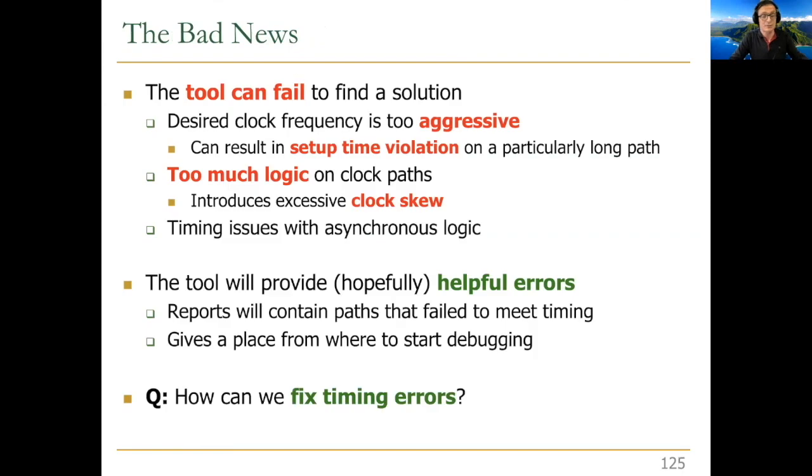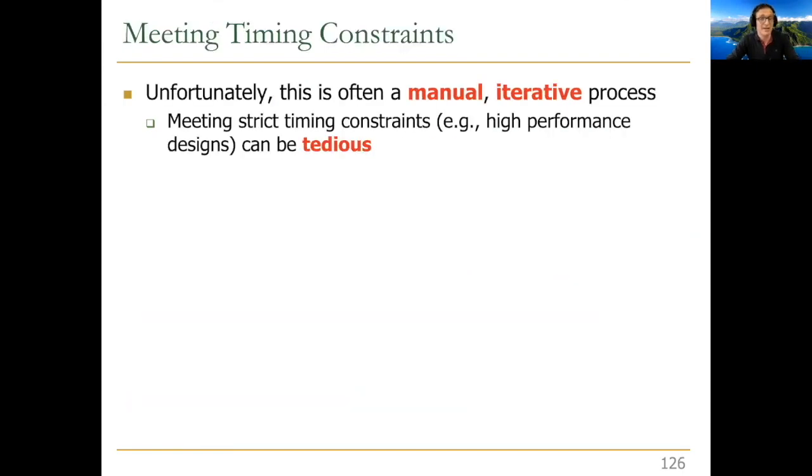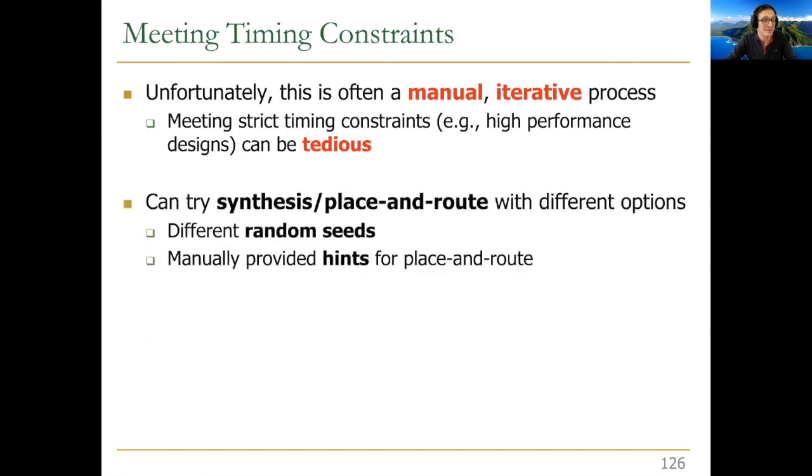Okay, basically, you may need to fix your timing errors. And to fix the timing errors, we already discussed this actually. Usually fixing the timing errors is a manual and iterative process, basically. You need to meet the strict timing constraints, and this could be tedious. You need to figure out where the problem is. The tool may point you to some direction that you need to go and fix what the problem in that direction is. You can later fix the problem, try synthesis and place and route with different options using the tool, different seeds, because the tool, again, does a random exploration.